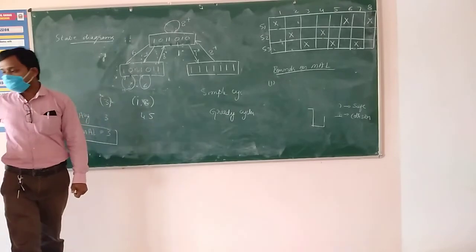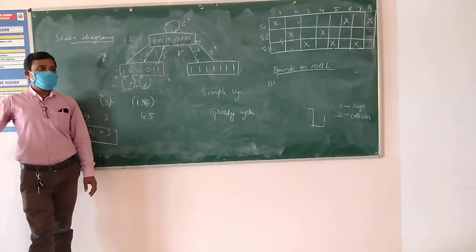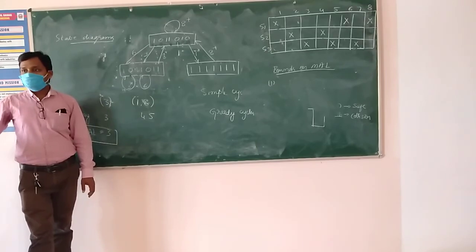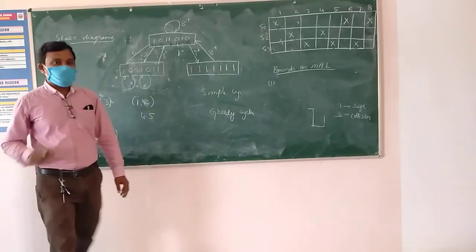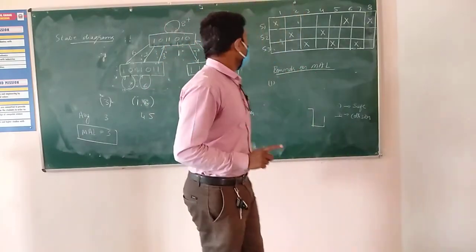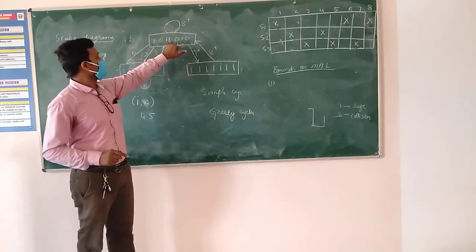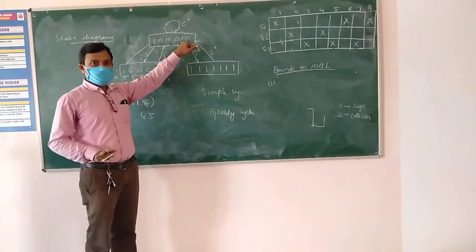Third, the upper bound. What is the upper bound? The number of ones in the initial collision vector plus 1. In the initial collision vector, what is the number of ones? 1, 2, 3, 4. Plus 1, that is 5.